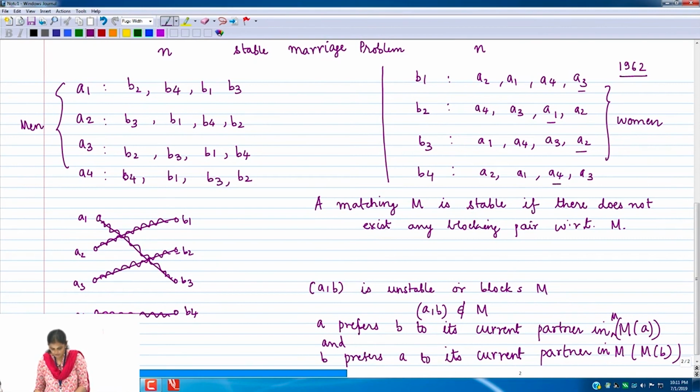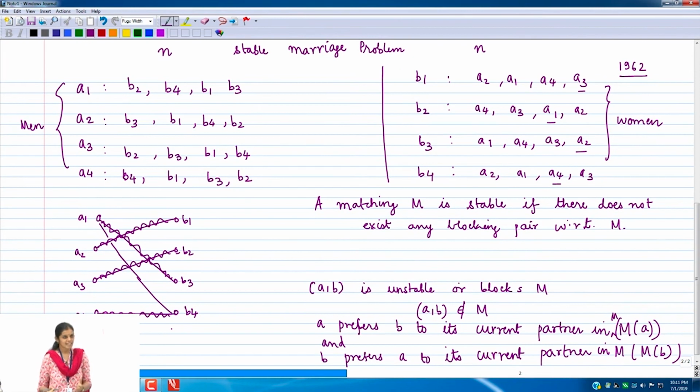A1 is matched to B3, so A1 would like to get assigned to B4, and B4 is currently matched to A4 and it prefers A1, right? Therefore, this matching is blocked by this pair, A1 B4, right? So this also unfortunately is not a stable matching.